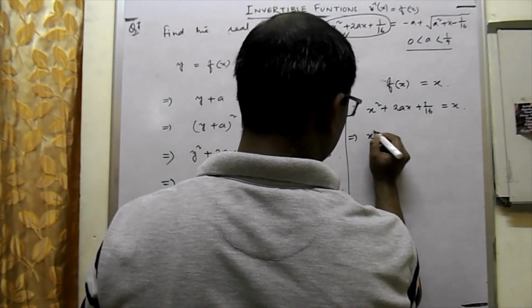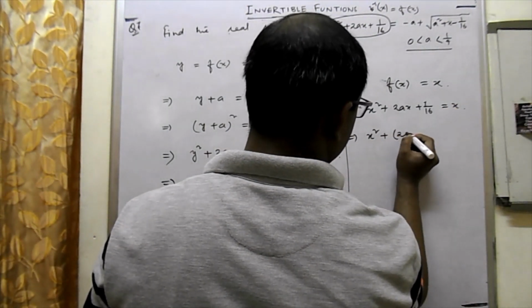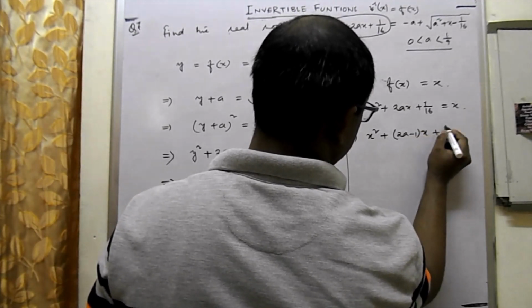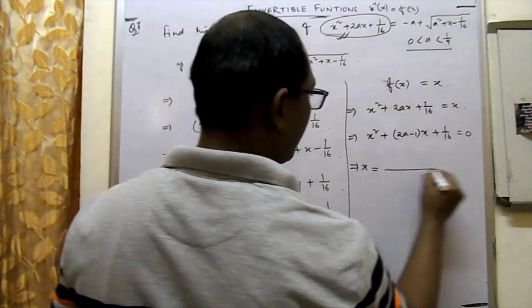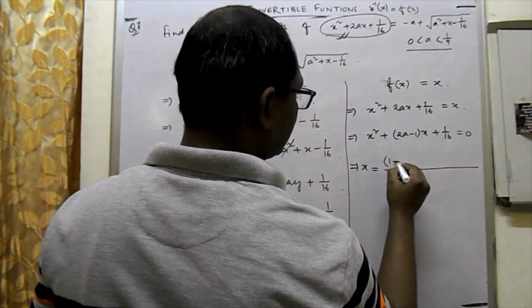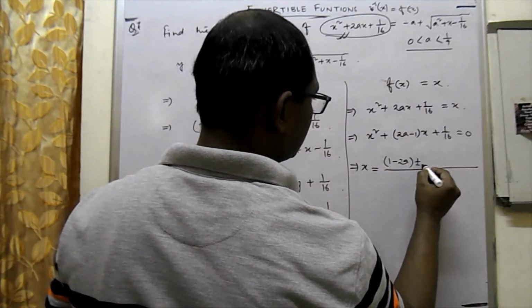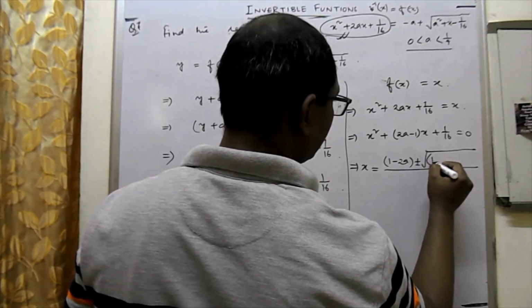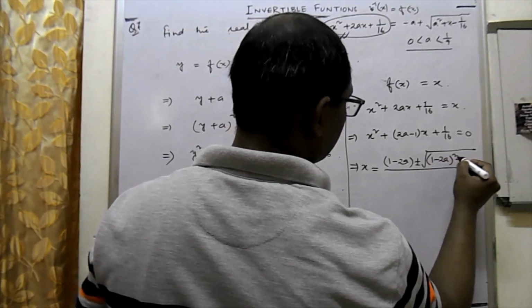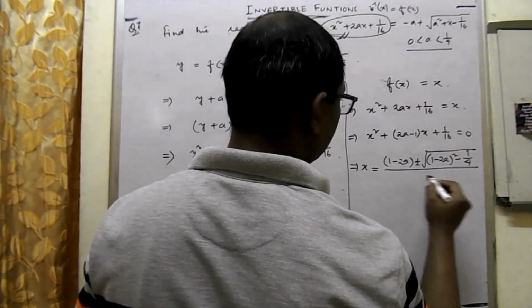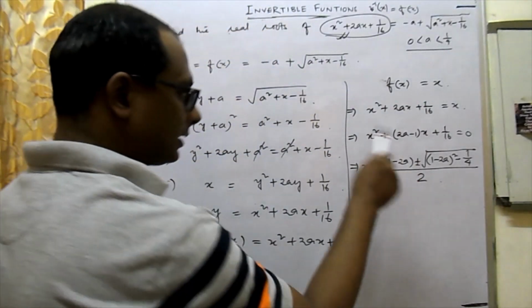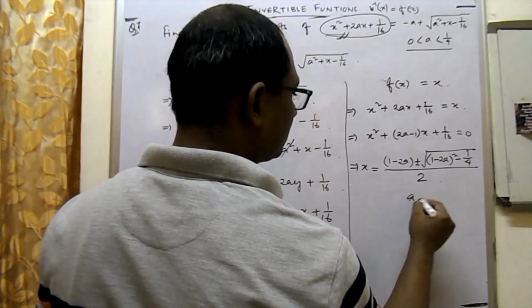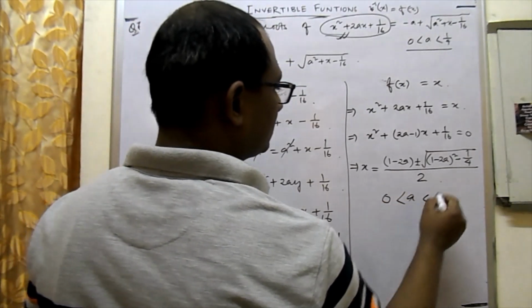So x square plus (2a minus 1) x plus 16 equals 0. So we'll find x equals minus b plus minus root over b square minus 4ac, over 2a, where the discriminant is (1 minus 2a) whole square minus 4 times 16. Now I have to check for which values of a this is real.